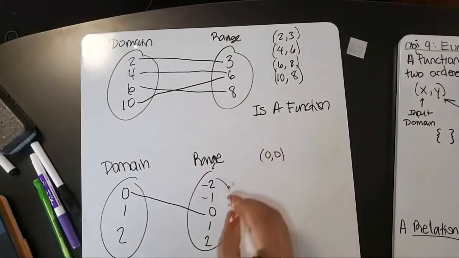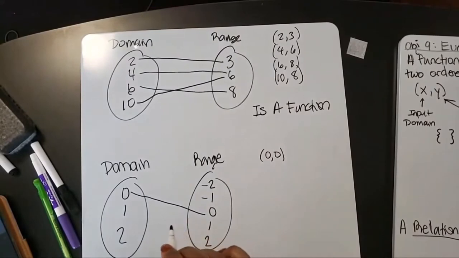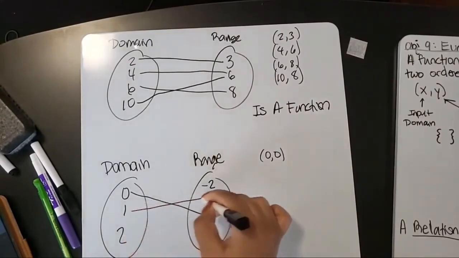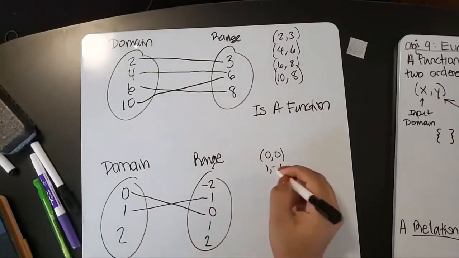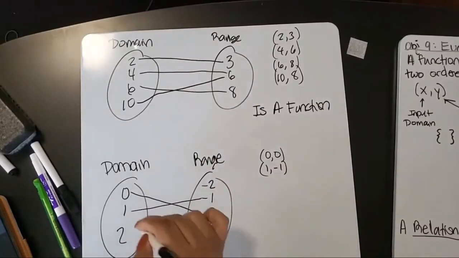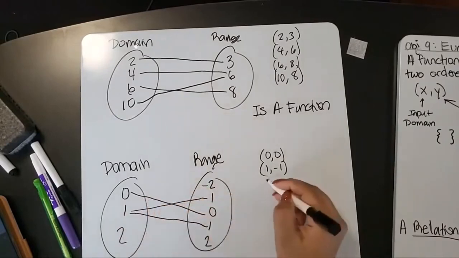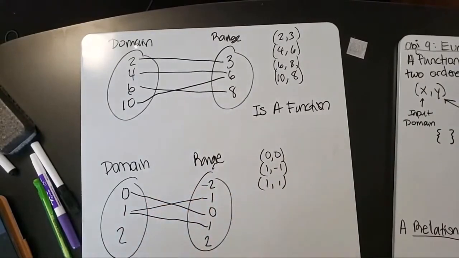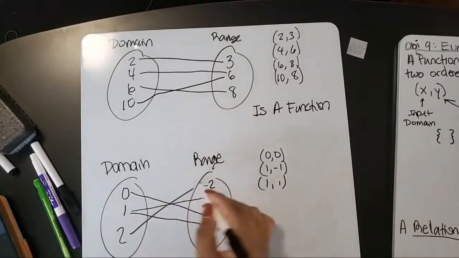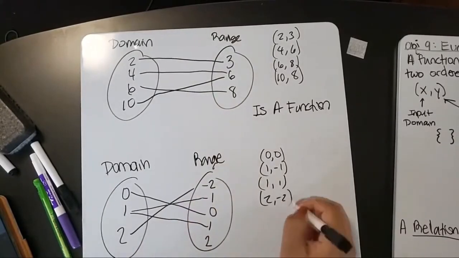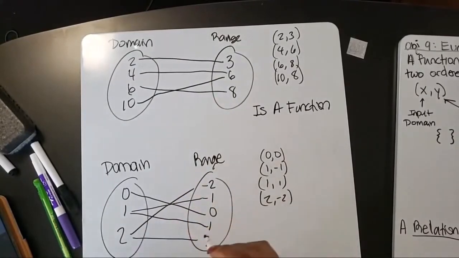Let me just write them over here so y'all can see them. We got 0, 0. We got 1, -1. We got 1, 1. We got 2, -2. We got 2, 2.